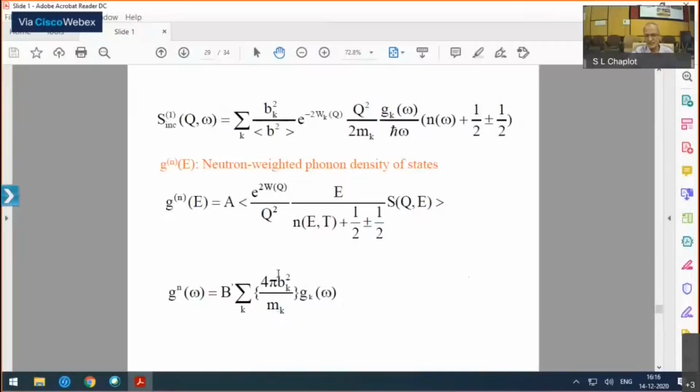This again is a very important term, because in the measurements, when you have several atoms in the unit cell, the weighting will be higher for those atoms which have a large scattering length and a small mass. Quite often in oxides, for example, oxygen tends to have the largest component, and what we measure may be largely coming from oxygen atoms.